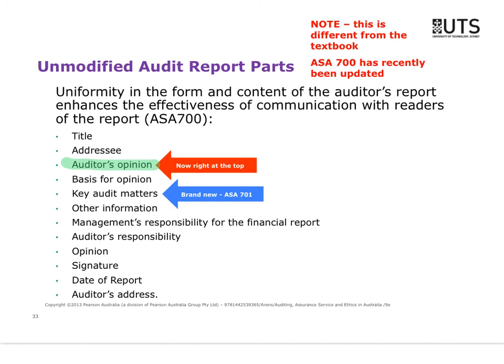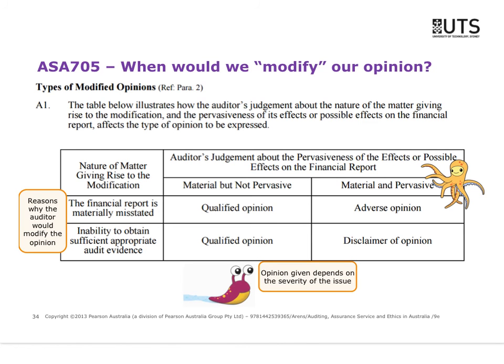We don't want people to start reading the audit report because previously all this was at the beginning and they would just get sick of the legal mumbo jumbo and go, oh, I'm tired of reading this before they even got to this section, okay? So the audit opinion is now right at the very top, and key audit matters is a brand new ASA, ISA, that is coming in next year that will be critical.